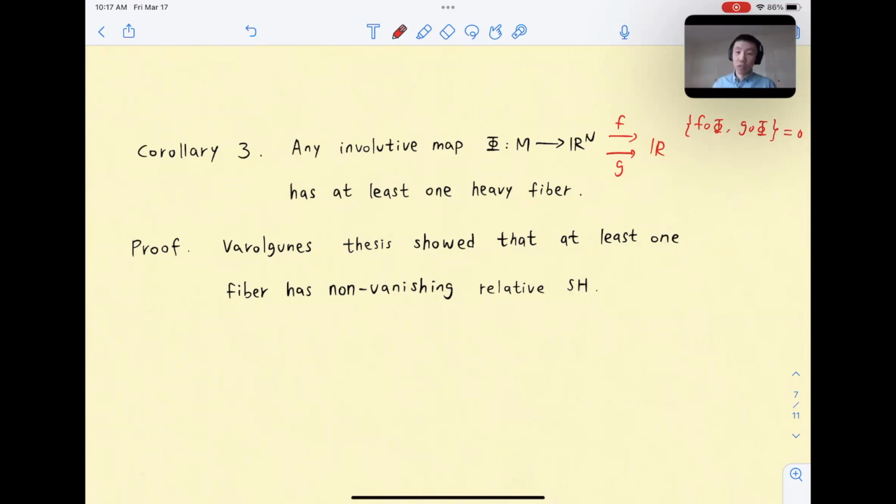And the corollary says that any such map has at least one heavy fiber. So this answers a question by Entov.